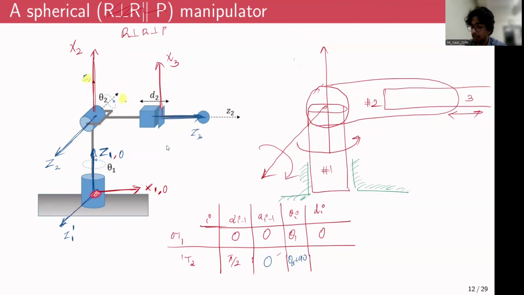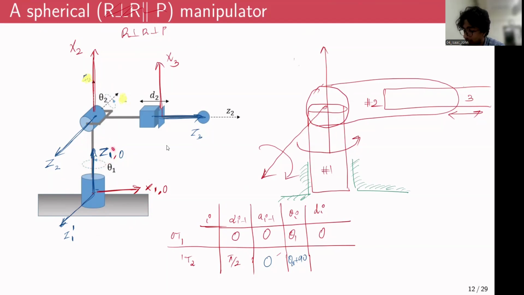Instead of it being this point, we can move it to coincide with this point. It's possible because we are shifting along Z1. Technically, we can shift the coordinate frame in a direction parallel to Z1. So it's not going to be much of a change.